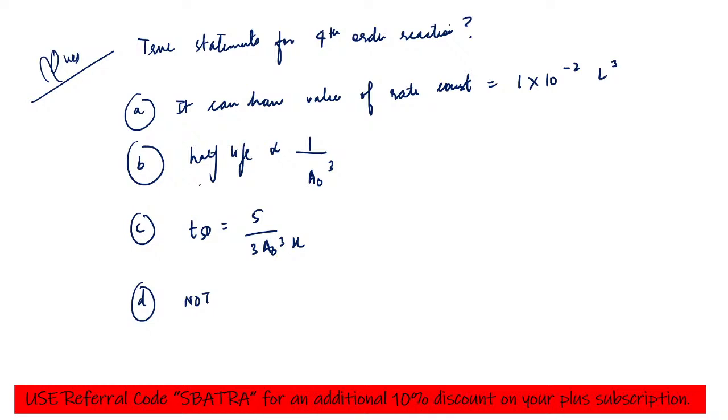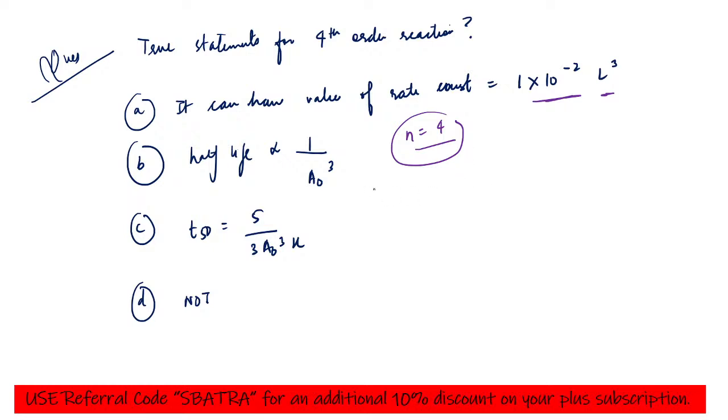All right, let's go with this question now. Let's use the hit and trial method. The first statement says it can have a rate constant equal to this value. It's a fourth order reaction, so n is equal to 4. In the first case, we can check the units of the rate constant.